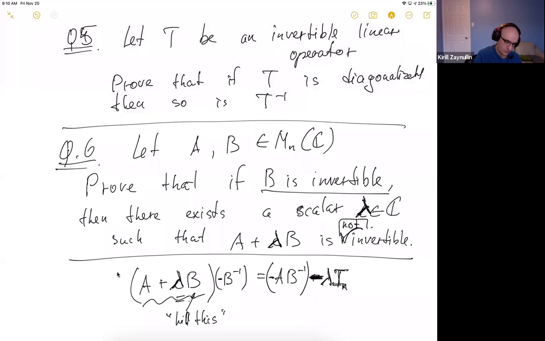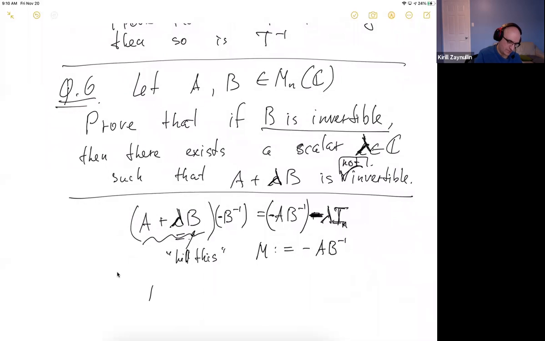And then we see that if we set M to be this matrix, then our expression becomes M minus lambda I_N. And this is really the characteristic expression. So we can look at its determinant.